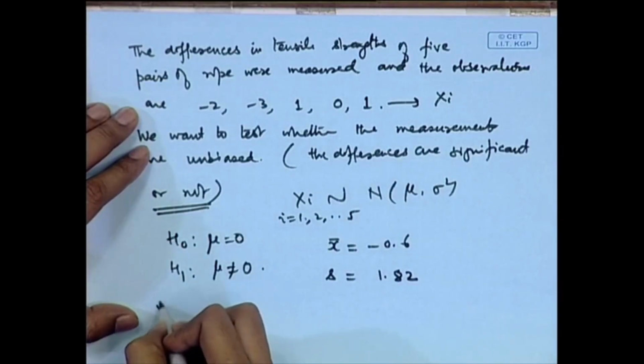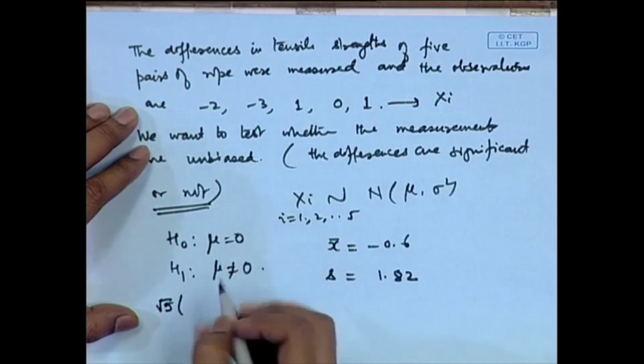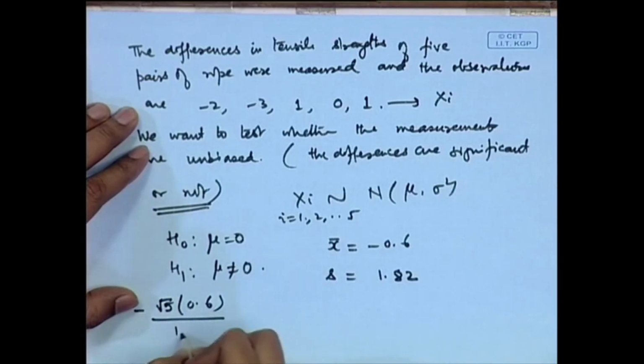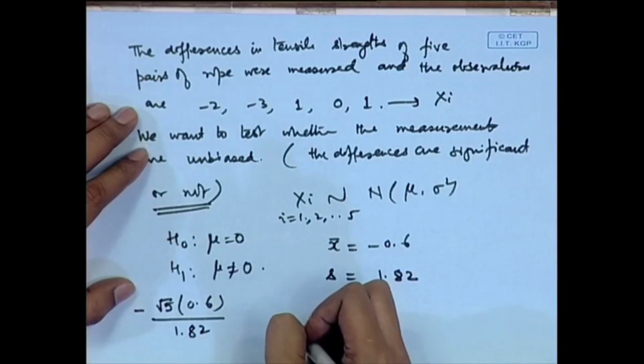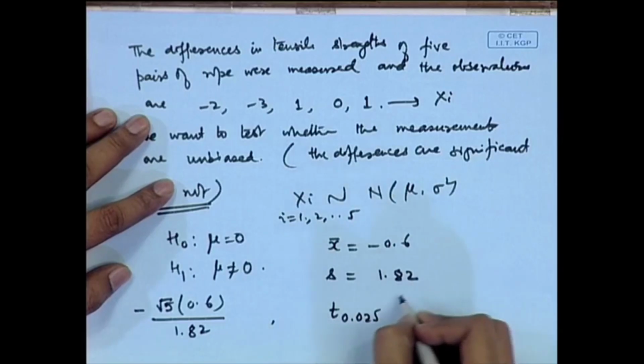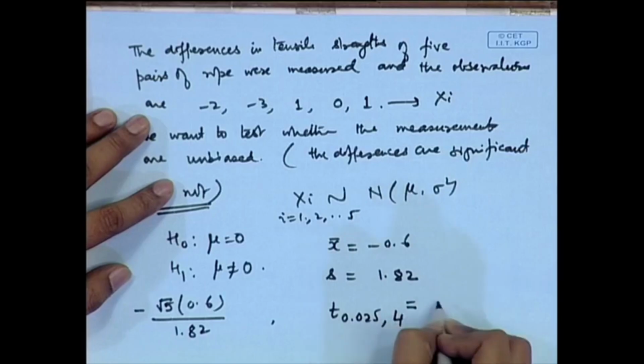So, we need to look at root 5. Since I am taking mu is equal to 0, the test statistic is about minus 0.6 divided by 1.82. Easily you can see, suppose I am seeing the value of t at say 0.025, that means I am making a test at level of significance alpha is equal to 0.05, then this value is 2.776.